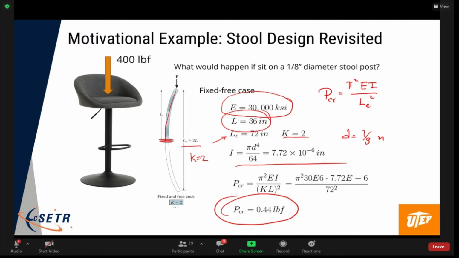So this is what I mean when I say calculating the buckling loads is pretty straightforward, but in this case, it has a major impact on the stability of this structure. We've gone from being able to support 400 pounds from the P over A calculation down to supporting less than half of a pound because of buckling. So it's pretty significant, all right?